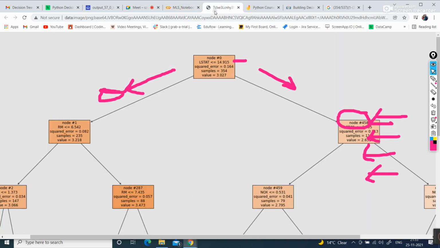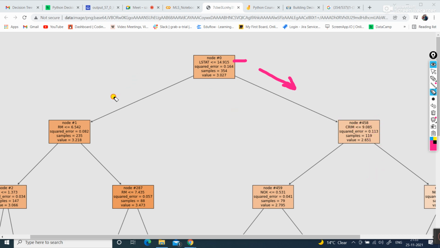Is that clear? On the basis of this node, it is going to split again. Can you see that RM is also here, CRM is also here, and NOX is also here.